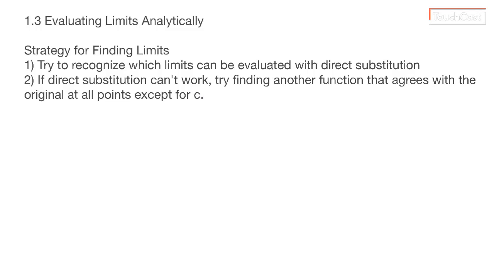So except for whatever value x is approaching. And then if that doesn't work, we can go back to what we did in lesson 1.2. We can use a graph or a table to solve the limit.